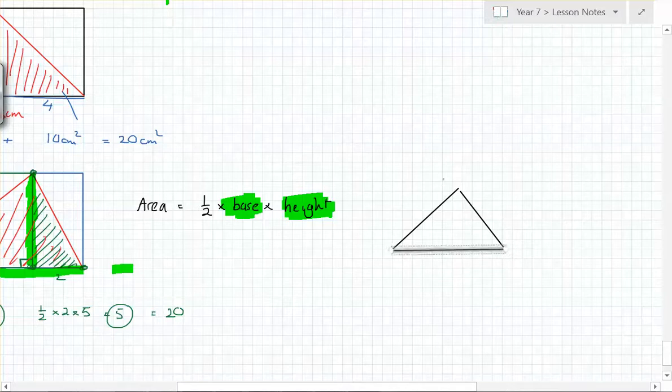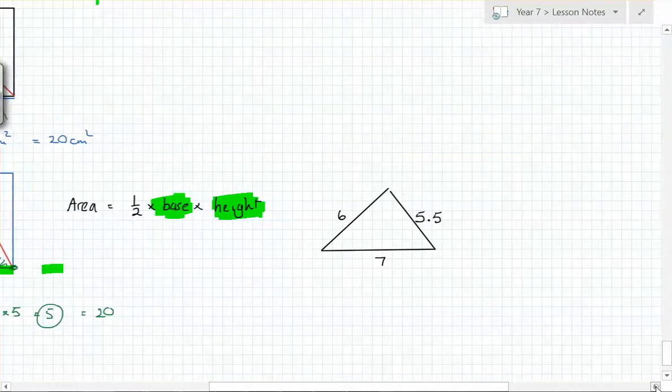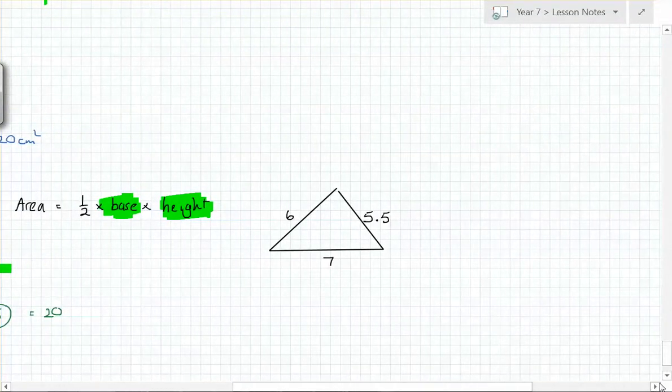So there's a triangle, and let's say it's 7, 6, 5.5. Okay. If I were to ask you for that triangle, can you tell me the area of that triangle? What would you say?